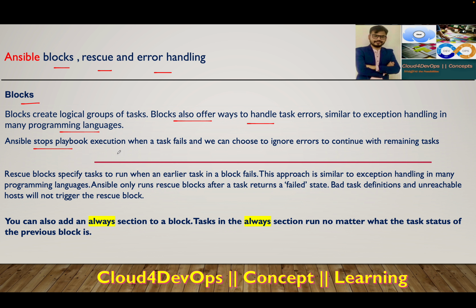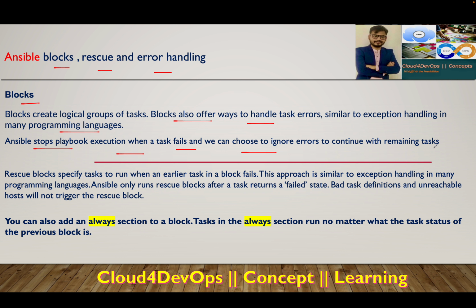Ansible stops the playbook execution when a task fails, unless we choose to ignore the error and continue with the remaining tasks. For example, you are installing Apache, then installing Git, then starting Apache, and then performing some other task. But one of my tasks might fail.